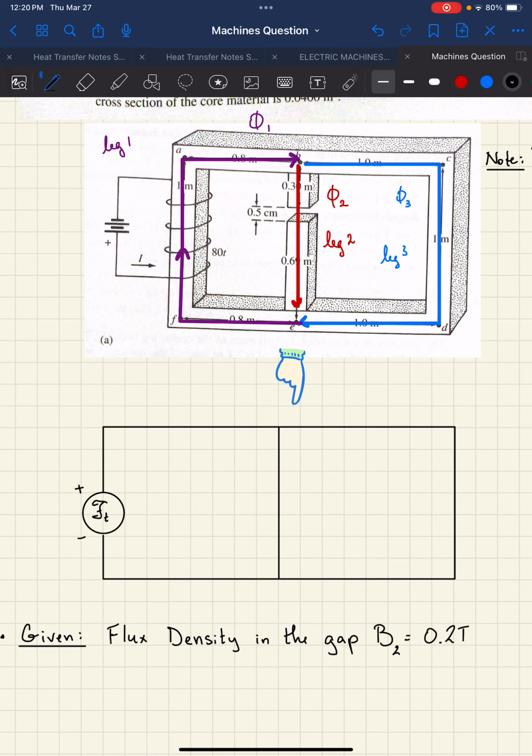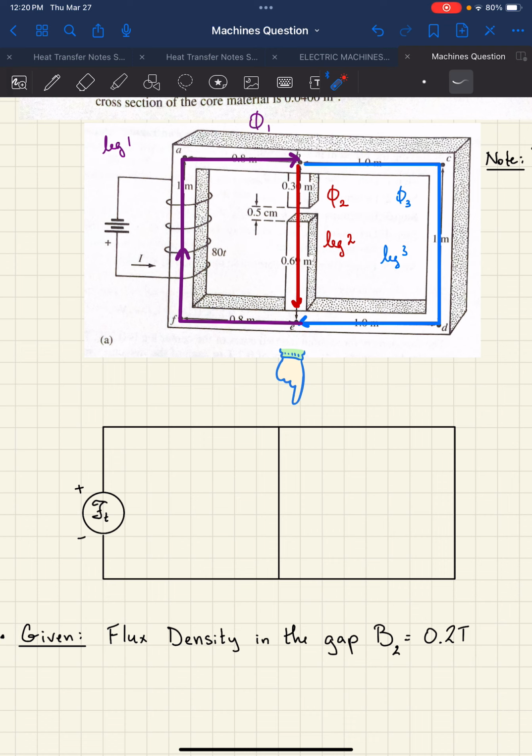Now, here's where you have to be a little careful. No material is perfect. There's going to be some opposition to the flow of magnetic field. That opposition is called reluctance. So there are several sources of reluctance here. First of all, in the region where the purple flux, flux 1, is flowing, there's going to be a reluctance associated with that region.